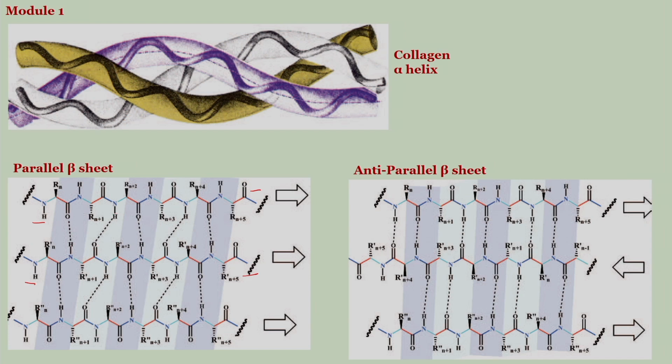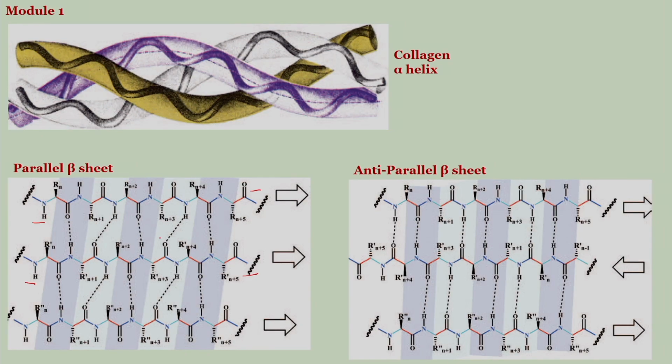There can be hydrogen bonds between the two strands of the same protein in the same orientation, N terminal to C terminal, and that can form hydrogen bonds like this. Similarly, another hydrogen bond can be formed in this way, and it will make a flat structure. This is known as the beta sheet structure, and they are all parallel.